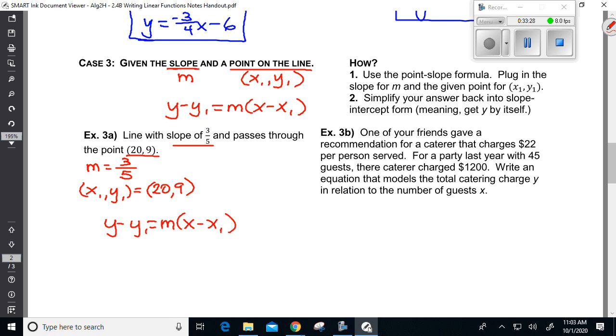When you plug it into the formula, always plug in as is. Plug in as it was given to you. So you have y minus 9 equals 3/5 times x minus 20.